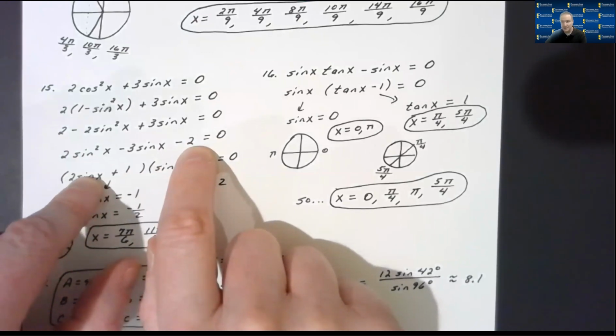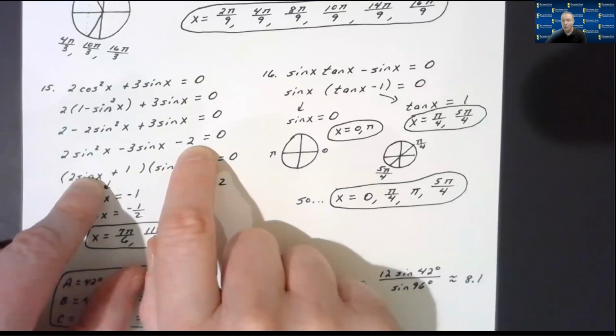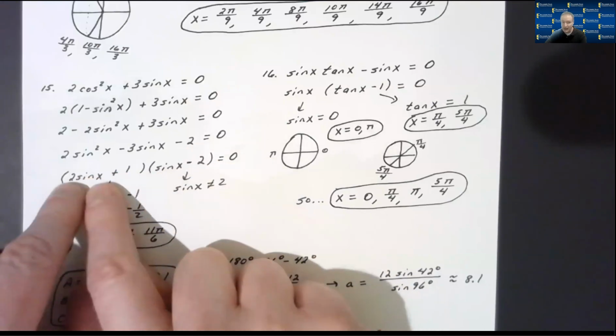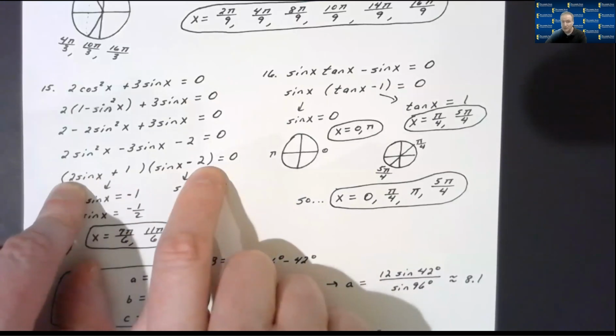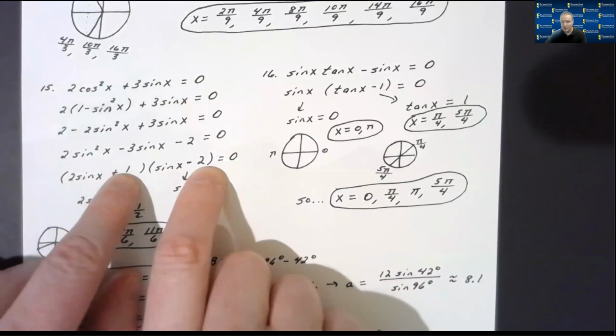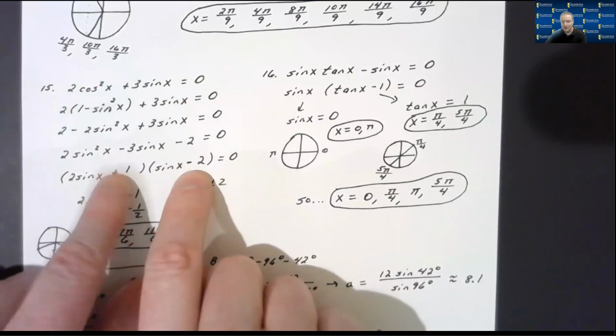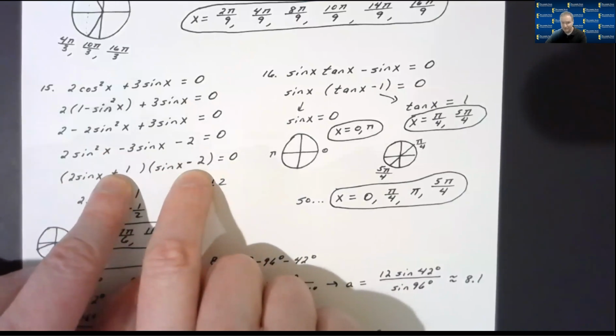The only factors of -2 are -2 and 1. I had to determine where did the -2 go, where did the 1 go. I knew that the -2 had to go over here because it had to multiply the 2 sine x. 2 sine x times -2 gives me minus 4 sine x. Then I would have the plus 1 here, plus sine x, for a total of minus 3 sine x. So this I know is the correct factorization.